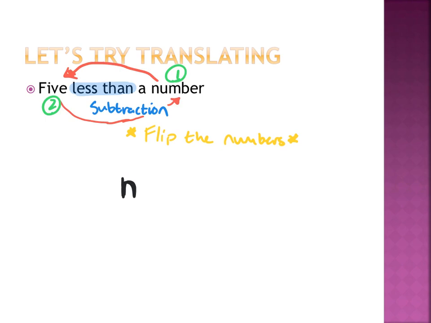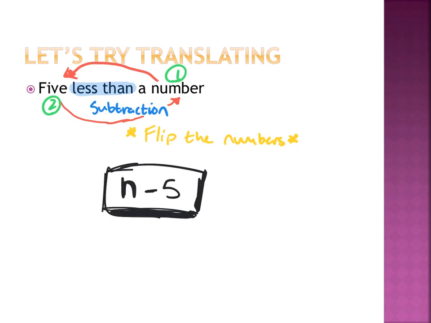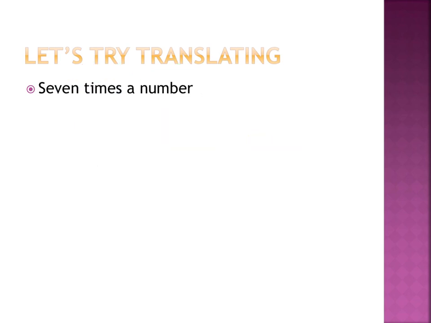So now I've got a number N, less than means minus, and the number was 5. And that is the only way that you can write this. Questions on that? Good.